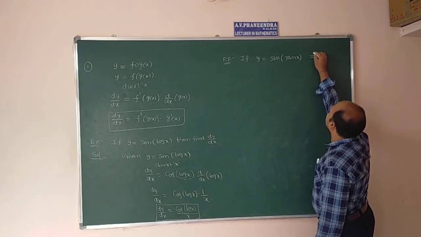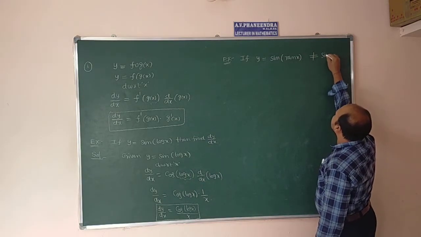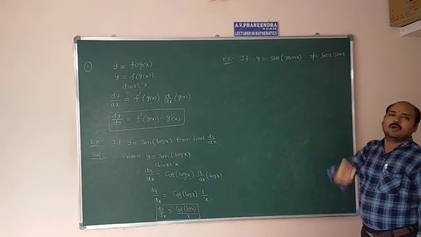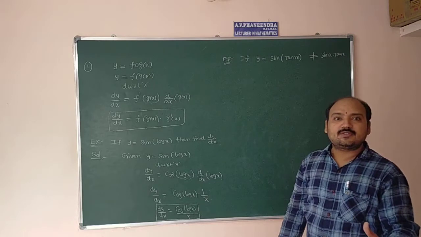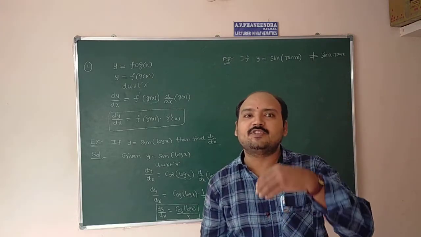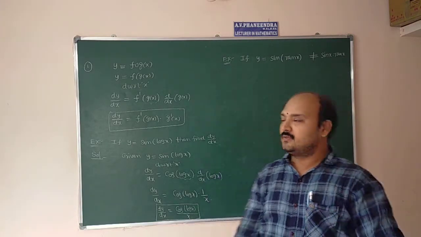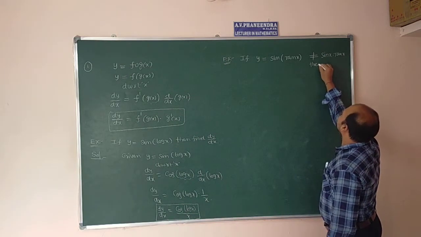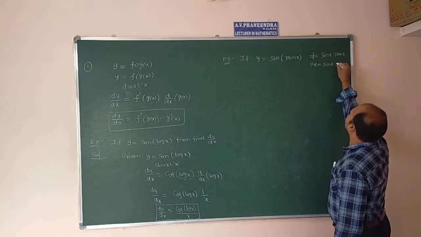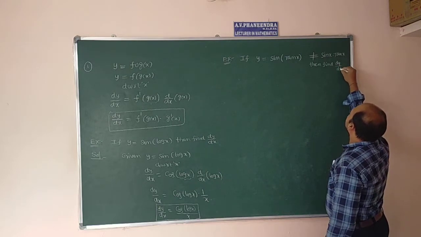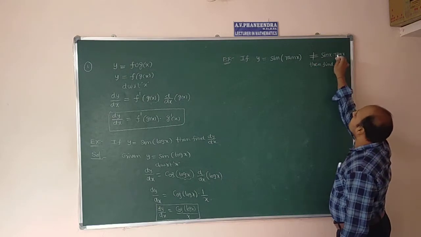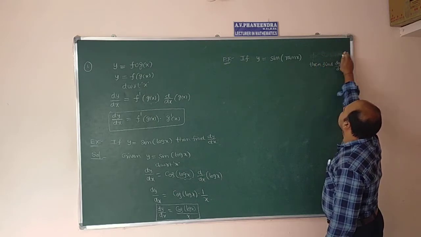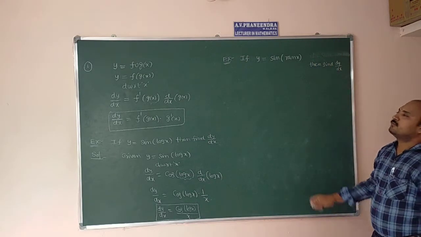Keep in mind, sine of tan x means the tan x function is involving in sine. So first find dy by dx. Just for your convenience I am writing it. They won't give it like this. This is not the meaning of sin x into tan x.